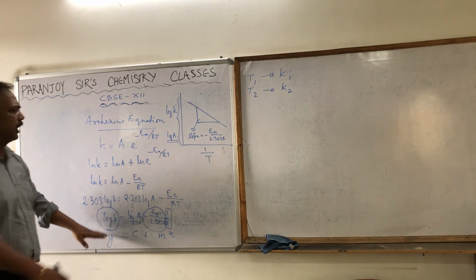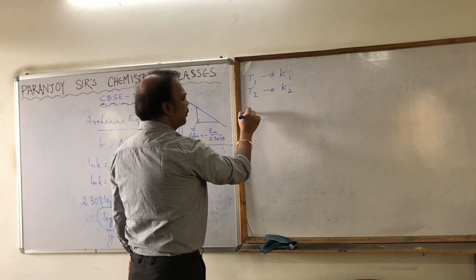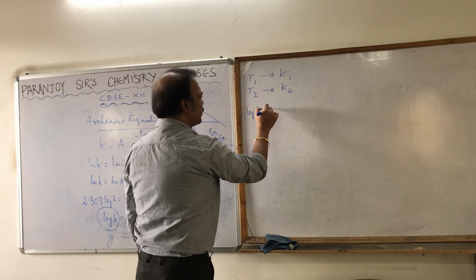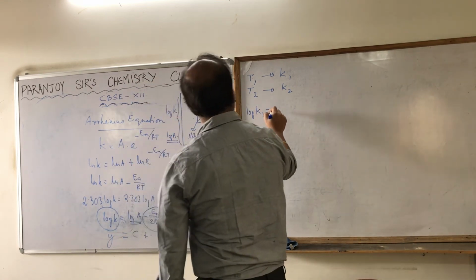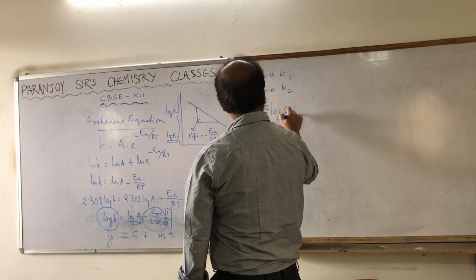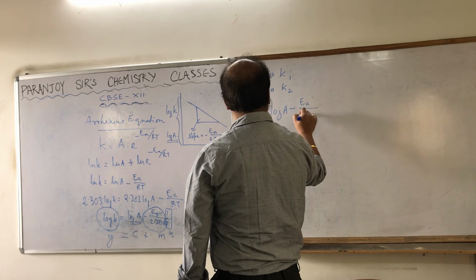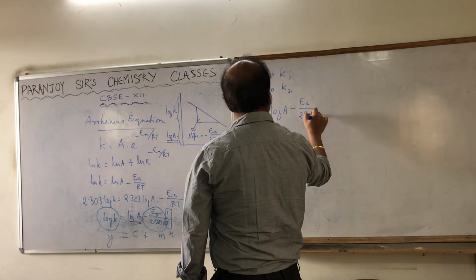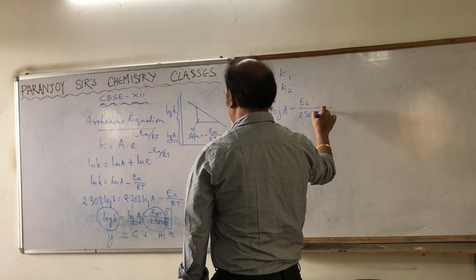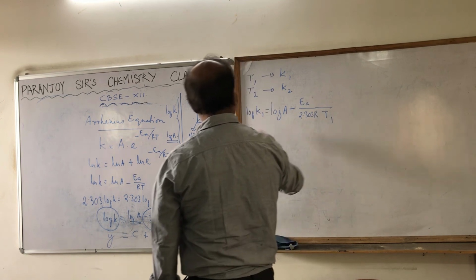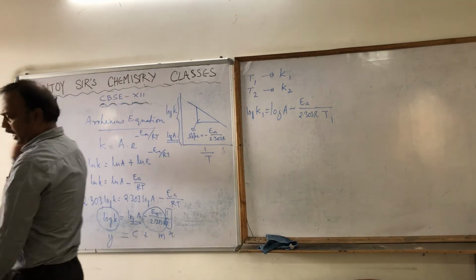So what are we going to get? Log K1, see, it's very simple. Log K1 equals log A, as I told, A is constant for a particular reaction, minus EA is constant, 2.303 R is constant, and what is left is T1. Can I write this for the first case?